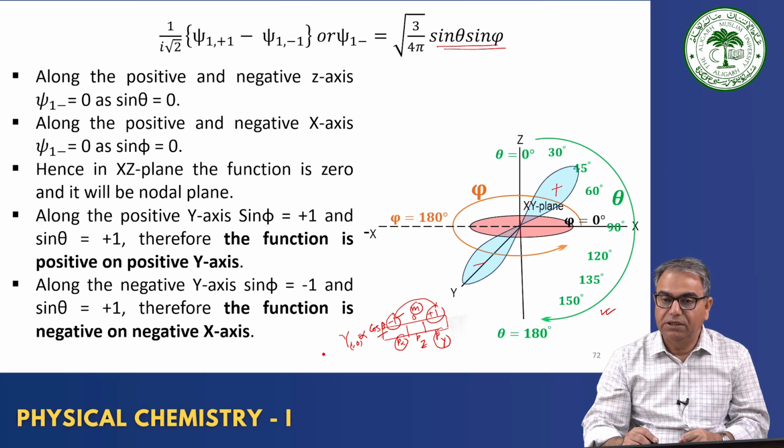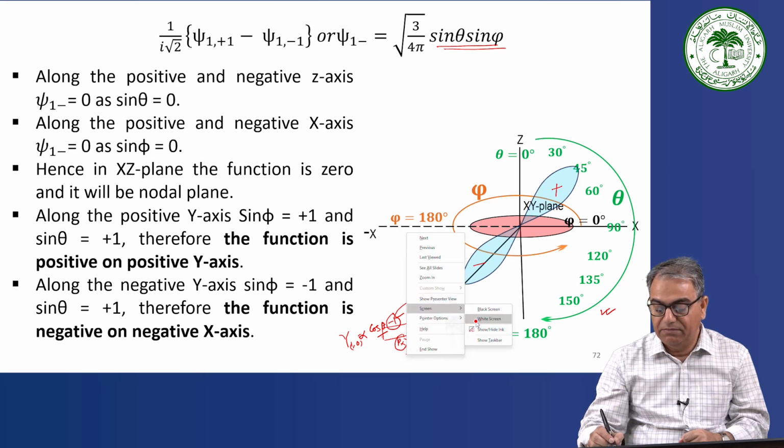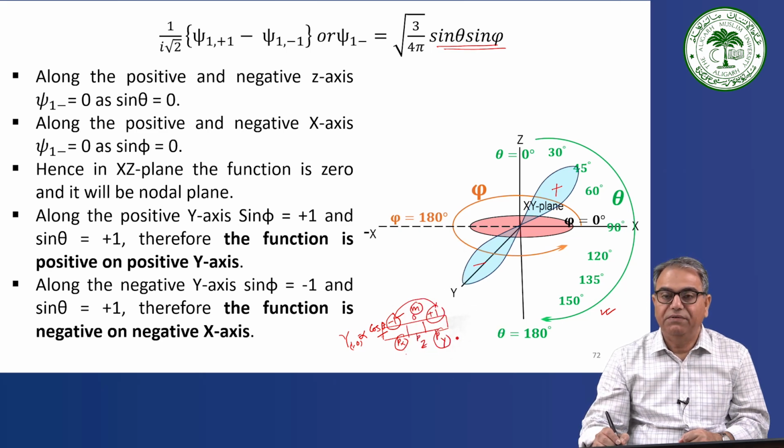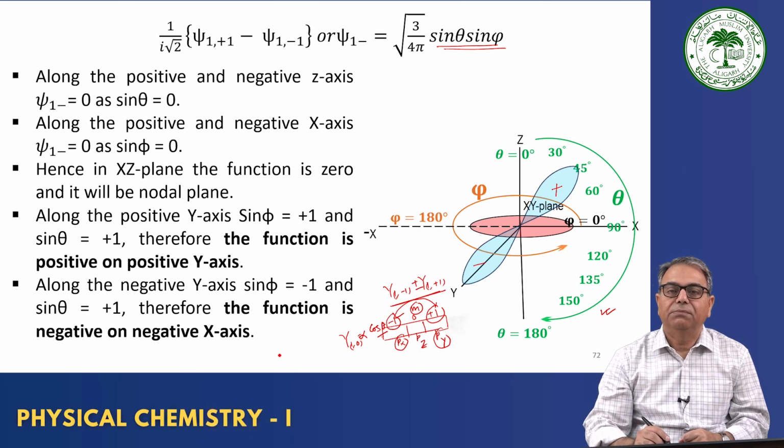A negative combination gives you py orbital, and a positive combination gives you px orbital. So if you are saying that magnetic quantum number minus 1 is giving you px orbital, or plus 1 is giving you py orbital, then you are not correct. A linear combination of Y 1 minus 1 and Y 1 plus 1 gives you px and py orbital.